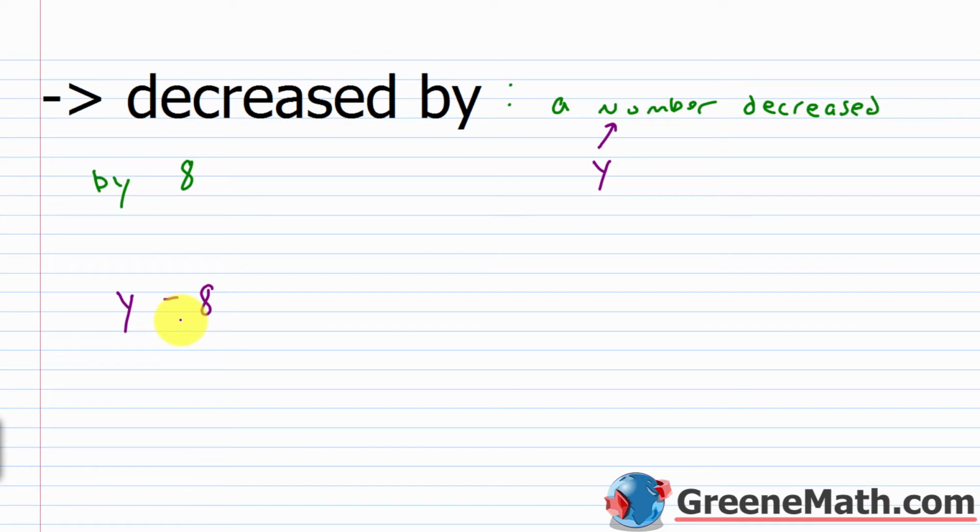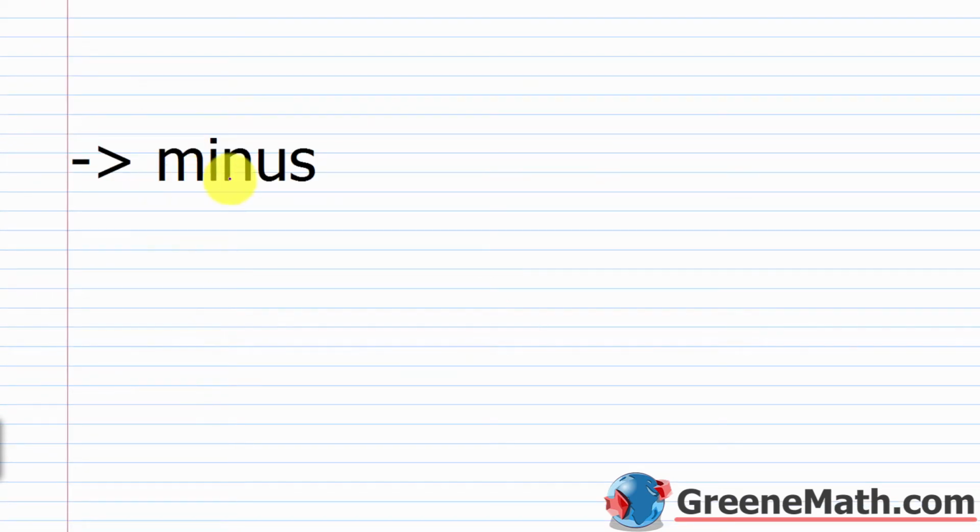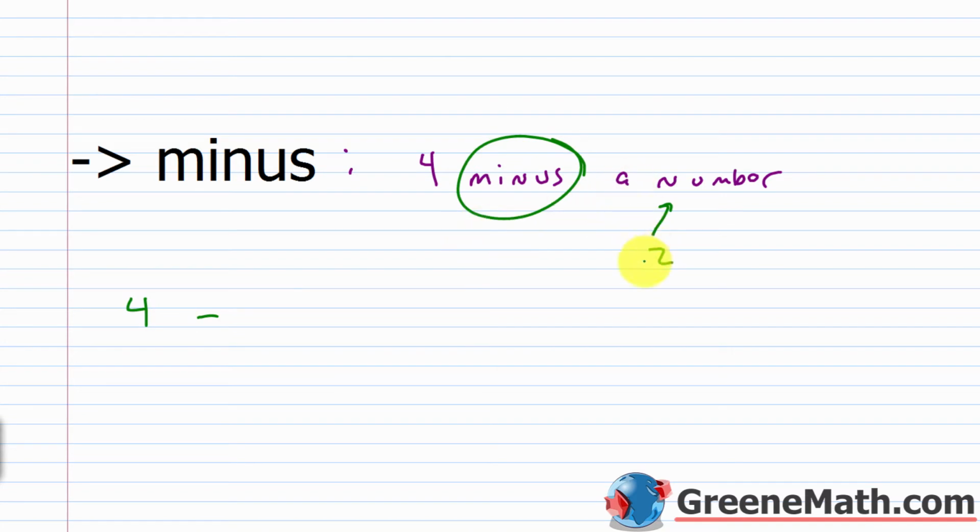So very, very simple. Then as another one, let's say we see minus. We know minus means subtract. So let's say I saw 4 minus a number. Very straightforward. If I use, let's say, z to represent a number, then that's just 4 minus z.